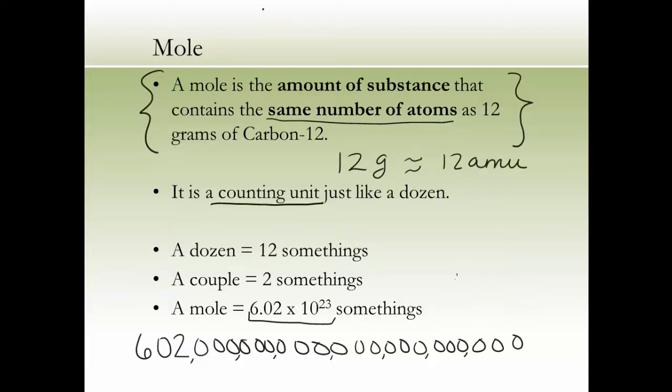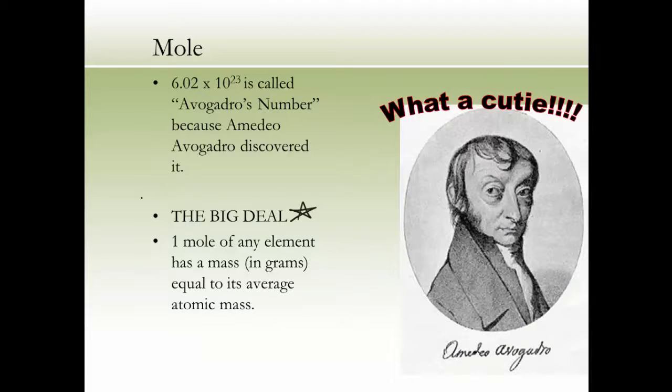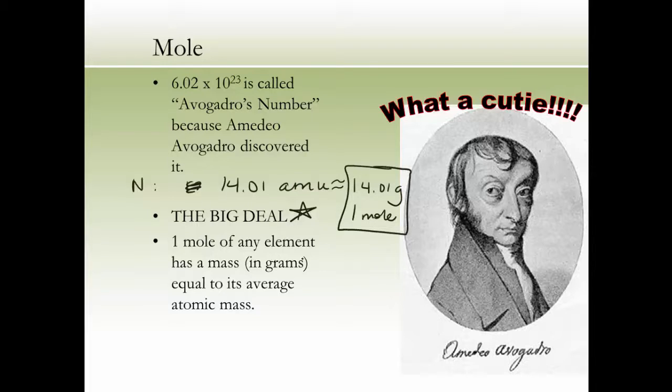If you have a different element, let's say nitrogen, nitrogen's average atomic mass is 14.01 AMUs. That corresponds to 14.01 grams if you have 1 mole of nitrogen. So 1 mole of nitrogen atoms would be 14.01 grams.